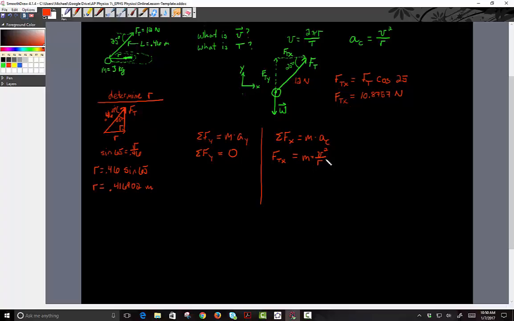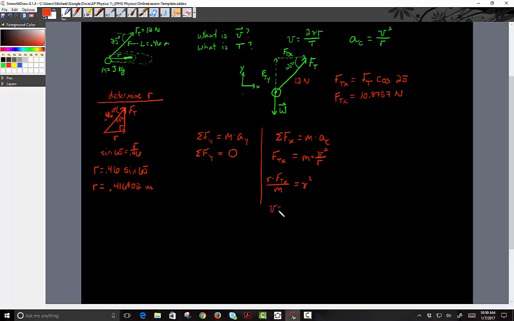I'm going to rearrange this. I'm trying to solve for v, because once I get velocity, then I can go back and we can determine the period. So I'm going to divide by m and multiply by r. So I get the force of tension in the x direction times r divided by m is equal to v squared. Let's get rid of the square. We take the square root.